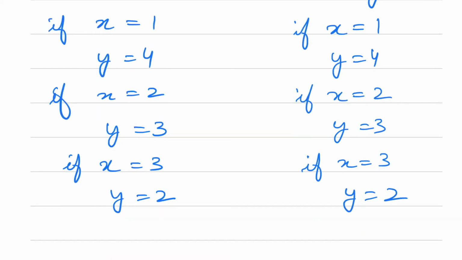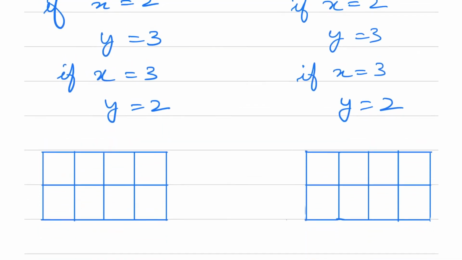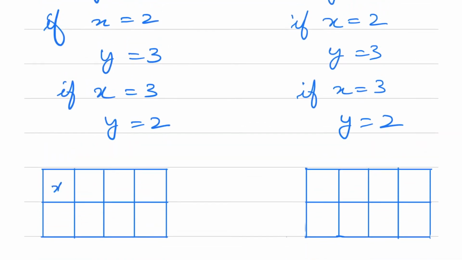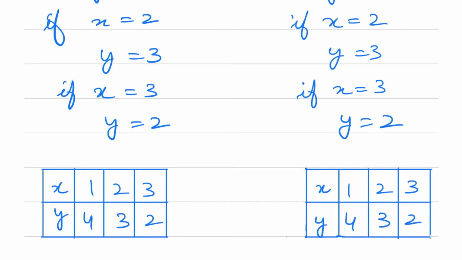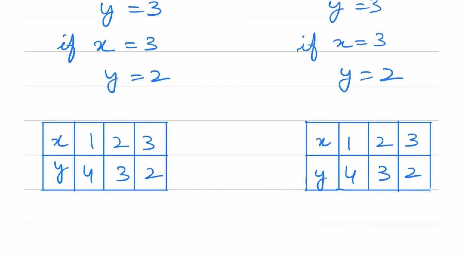Let's make a table to put the coordinates in table form. So let's write down the values of x and y. I took 1, 2, 3, and here also 1, 2, 3. So we had 4, 3, 2 and 4, 3, 2. So basically the same solution, so I'll get all the points the same, the line will be the same, it will be coinciding.